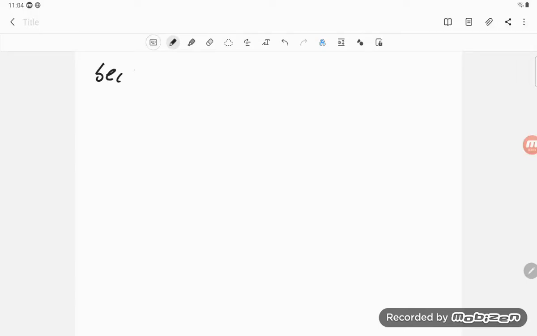Let's talk a little bit about section 5.3, inverse functions, and just look at some things about them.